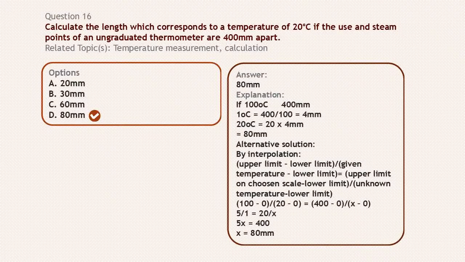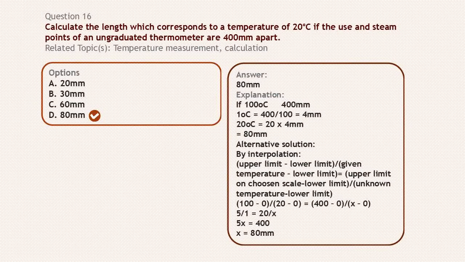Now for this thermometer, the distance is 400 millimeter apart. Let's say the upper fixed point is 400 and the lower is 0. That may not necessarily be the case. Maybe the upper fixed point is 450 and the lower one is 50, for example, but the difference between them is basically 400.